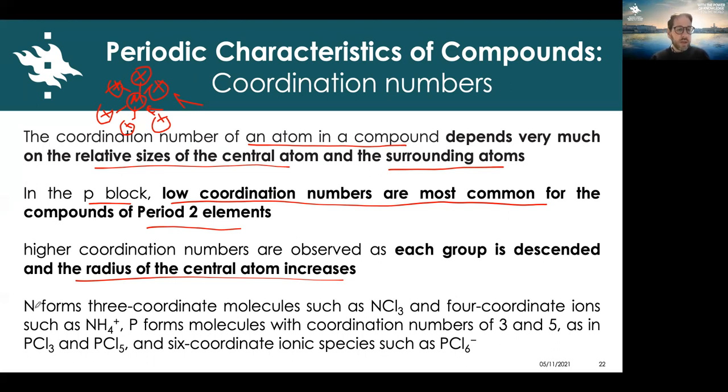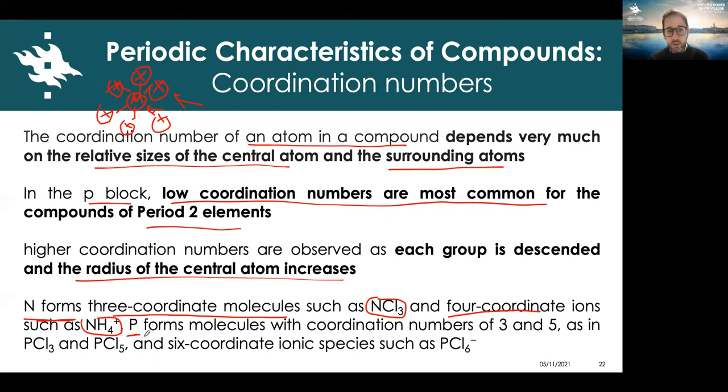For example, nitrogen can form molecules with coordination number equal to 3, such as nitrogen trichloride, and also 4-coordinated ions, such as ammonium.